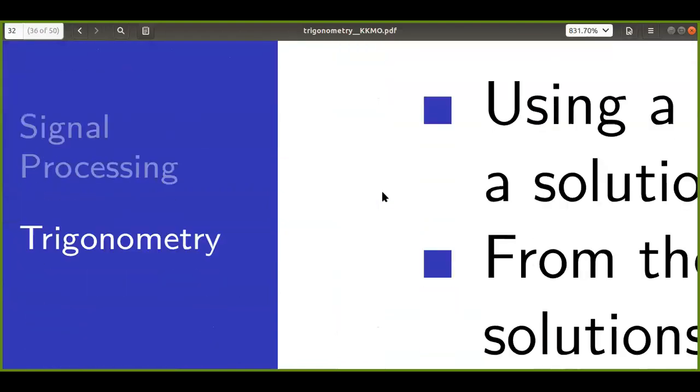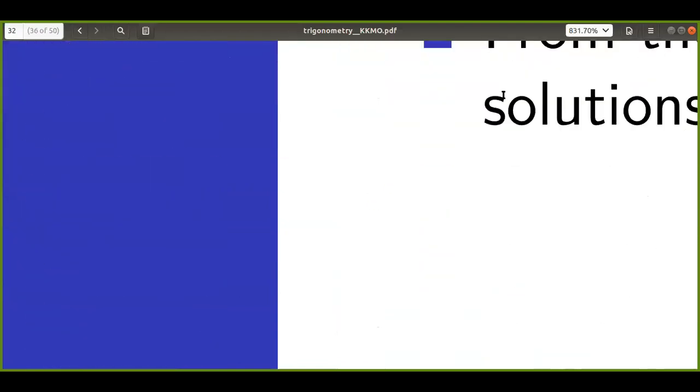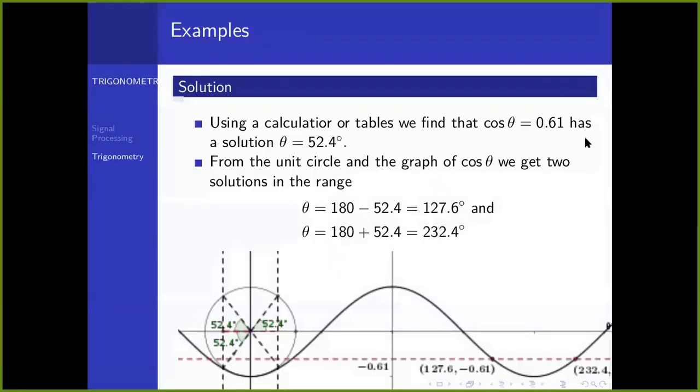Of course, you can do it on the calculator without any tricks, but anyway, what we are looking for is a cosine of negative 0.61, but we start with 0.61 to get 52.4. Once we set up 52.4 here, we can find all the other angles in that range whose cosine will be negative.